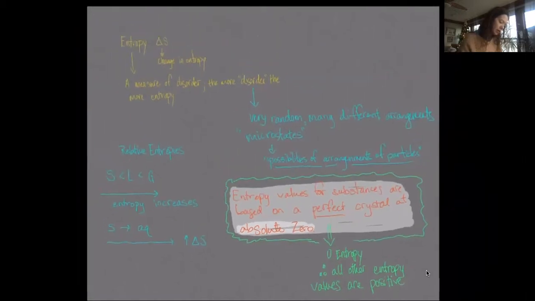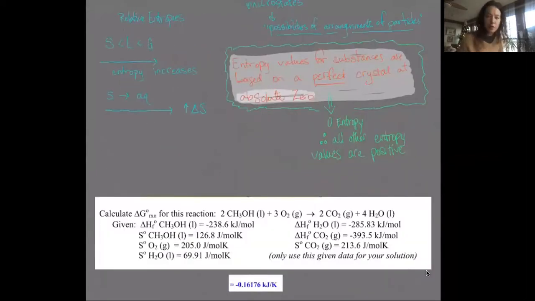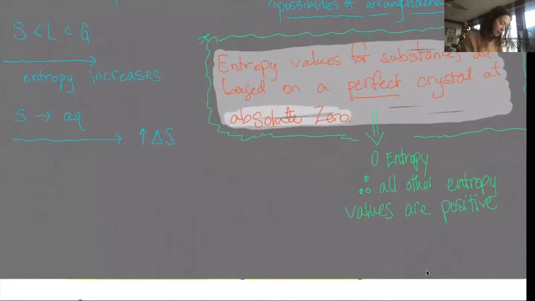So that is my introduction to entropy and absolute entropy. Okay. Now, when you look up your absolute entropy values, they have been assigned, like we were talking here. We, however, will be more concerned with the change in entropy for a given process and being able to predict if a given process has an increase in entropy or a decrease in entropy.